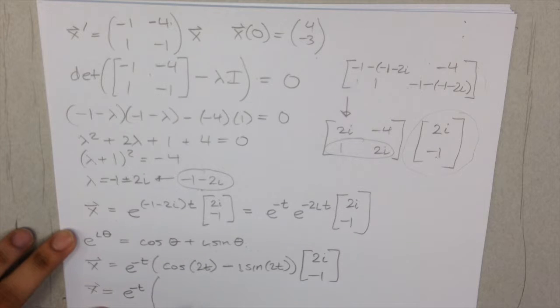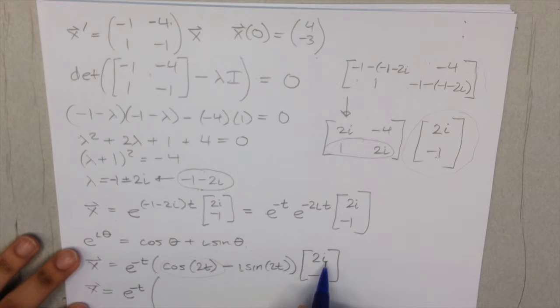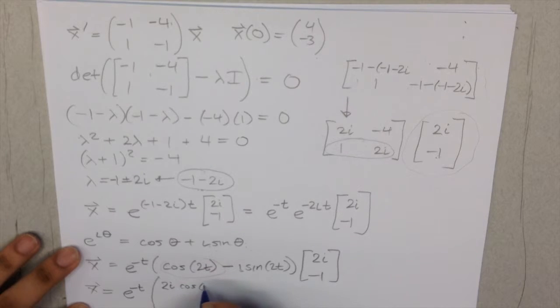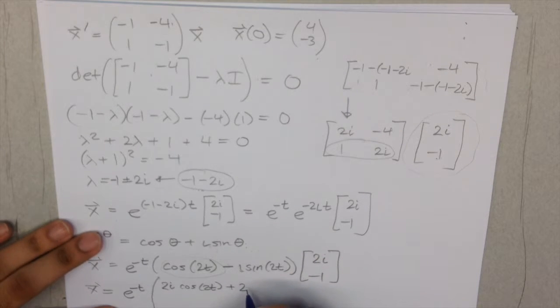So I'm just going to get the real parts first. Cosine of 2t times 2i cosine 2t. Then I do negative i sine 2t times 2i, so I get plus 2 sine 2t.